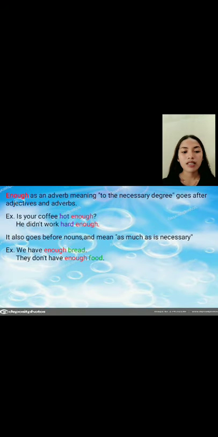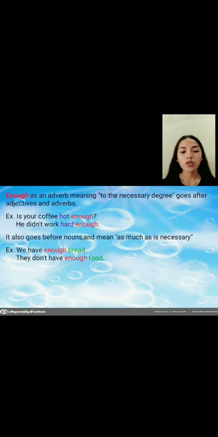So enough as an adverb meaning to the necessary degree goes after adjectives and adverbs. So example, is your coffee hot enough? He didn't work hard enough. So from the first example, enough goes after the adjective. So from the second example, enough goes after the adverbs.